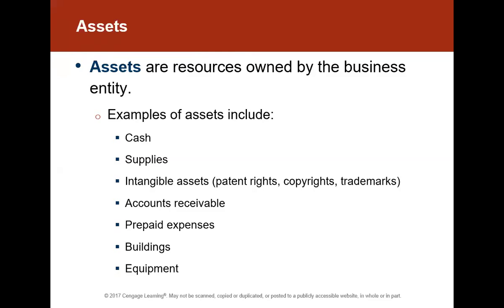And then buildings and equipment. Okay. So those are all examples of assets that we own that help us earn revenues. And again, most of those we've used before. The only new ones are those prepaid expenses, like prepaid insurance and prepaid rent, that we'll use. Okay.